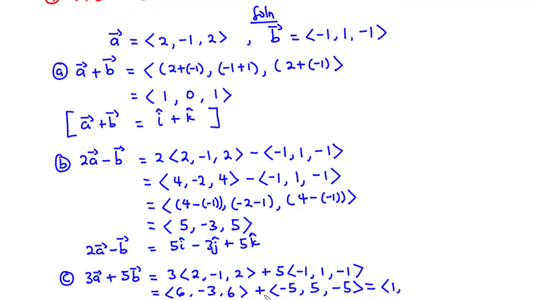Negative 3 plus 5 is 2. And then 6 plus negative 5 is 1. Therefore, the vector 3A plus 5B is equal to i cap plus 2j cap plus k cap.